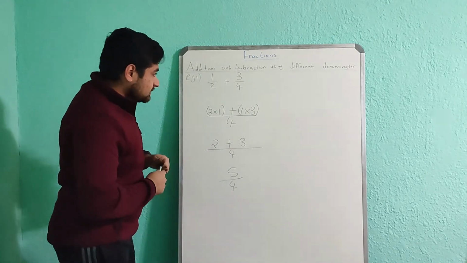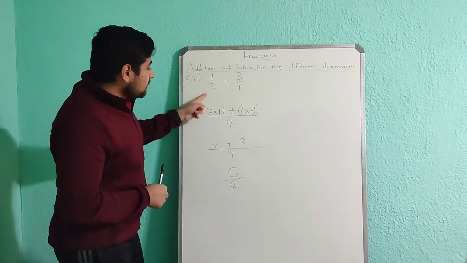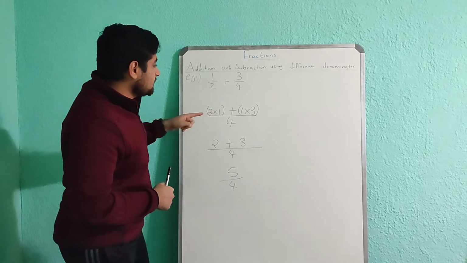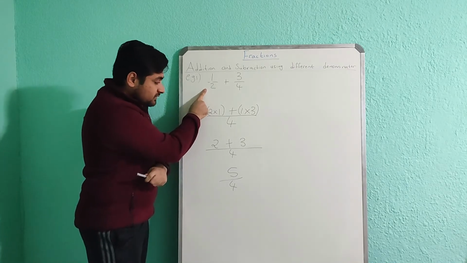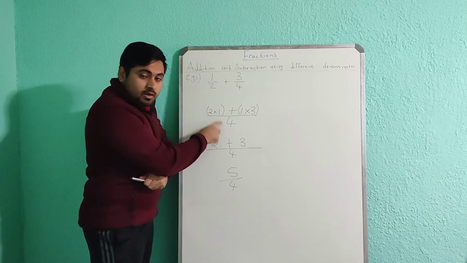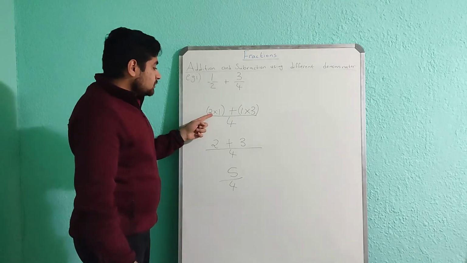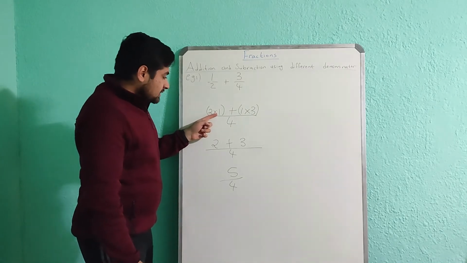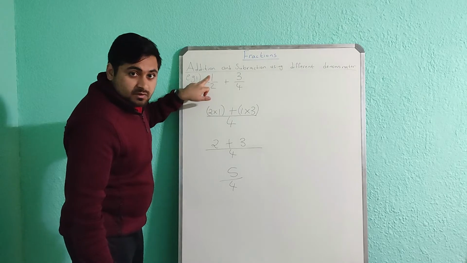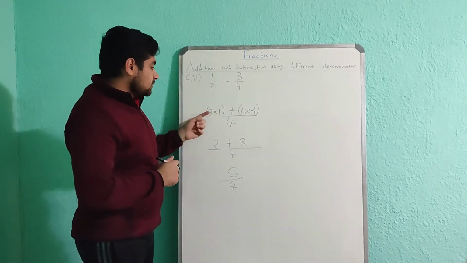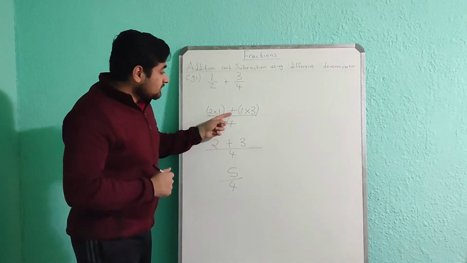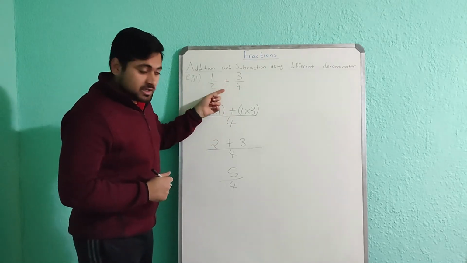Then what did we do next? Next we went on to the first fraction, and we say, how many times can the denominator of the first fraction go into 4? 2 times. So we write a 2 times the numerator of the first fraction, which is 1. And then we enclose it in a bracket. So 2 times 1 plus whatever is the sign between the two fractions.